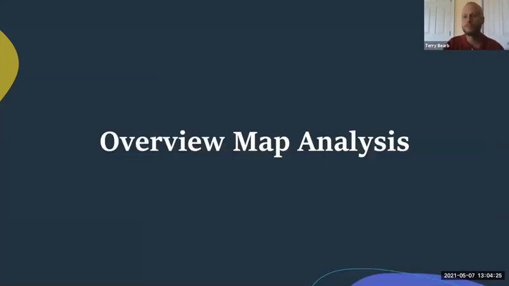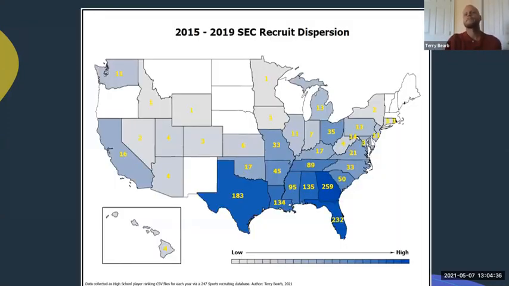All right, now for an overview map analysis. Here we're going to be looking at the 1,536 recruits that committed to an SEC school in that 5-year span. The first map here is going to be a choropleth map. It's made by the Summarize Within tool that takes account of all the points within the bounds of each state.